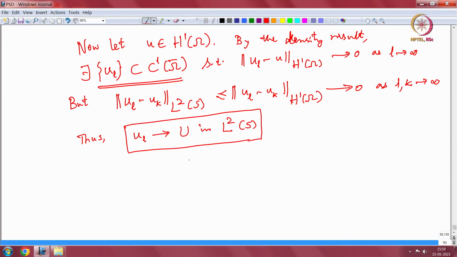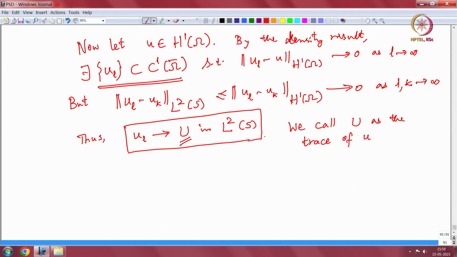So, that gives us the existence of this function. We call it the trace of u.